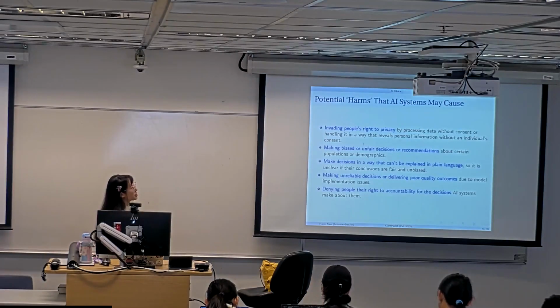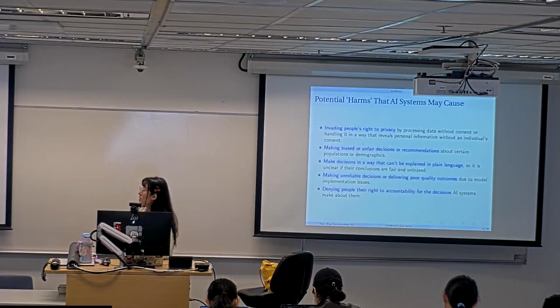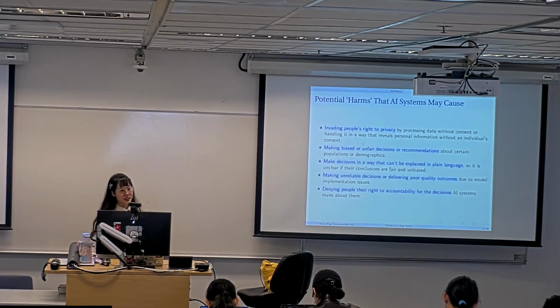Then, what are the potential harms that AI systems may cause? Right? Why should we learn about AI ethics? Are there any practical harms? Yes, actually there are many. Maybe sometimes we just overlook the harms, but they do exist in our society. For example, invading people's right to privacy.